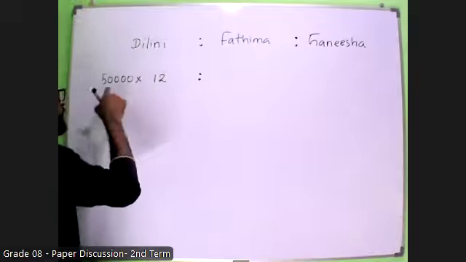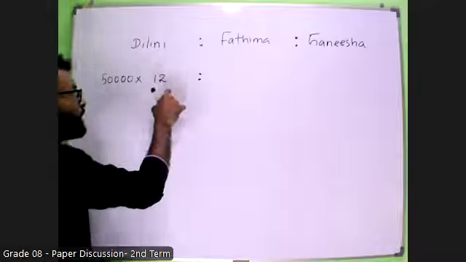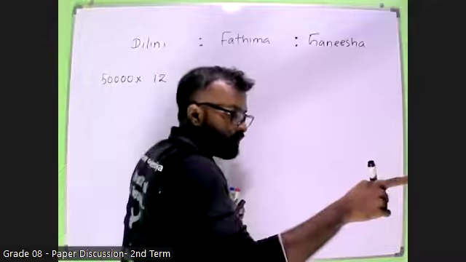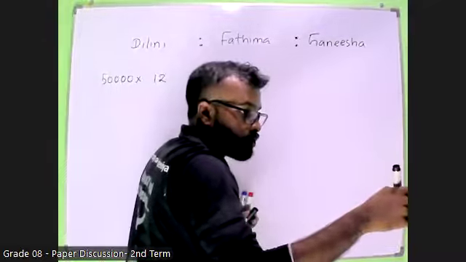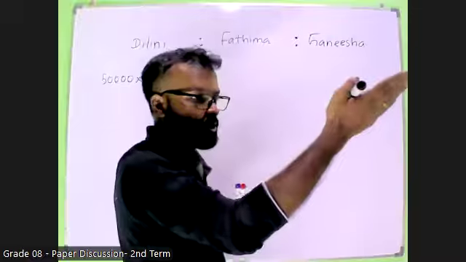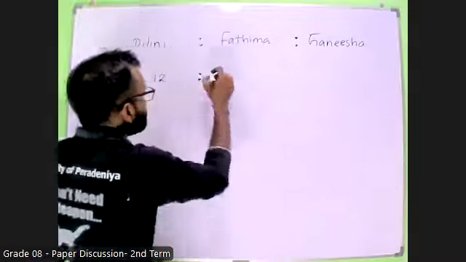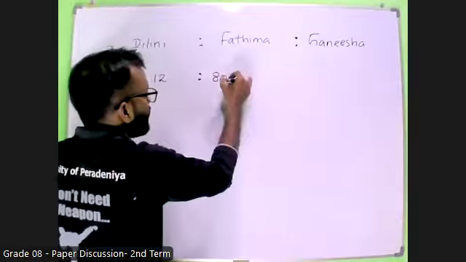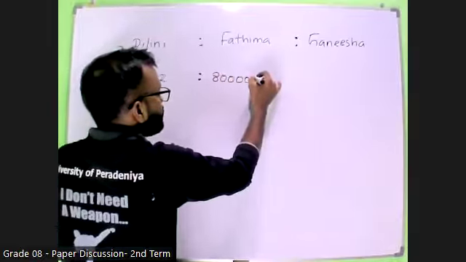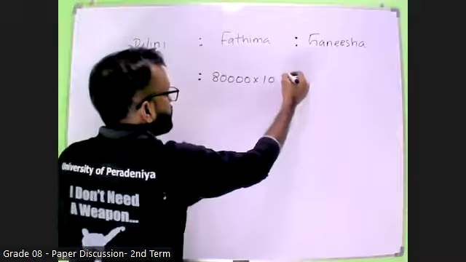This is the invested amount and this is the period. Fatima: 1st of March, so after 2 months, investing 80,000. 80,000 has been invested for 10 months.